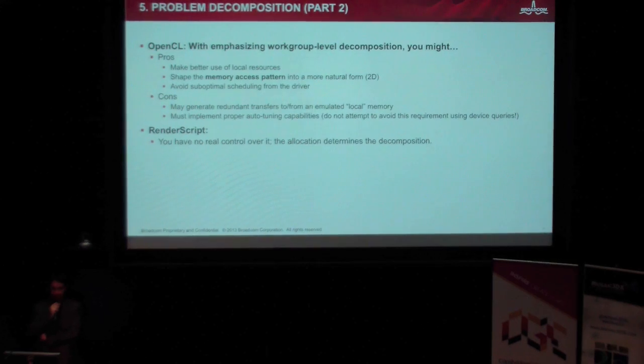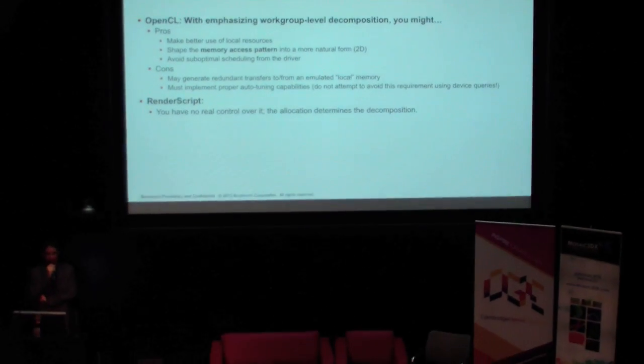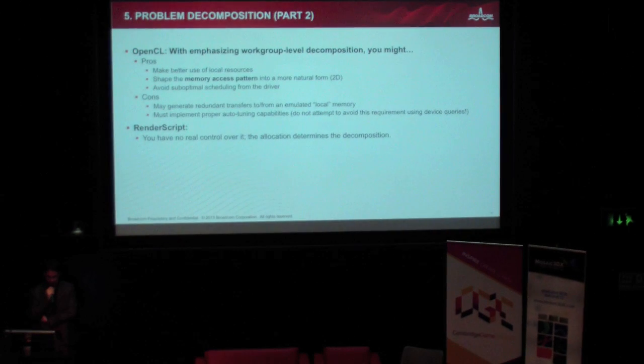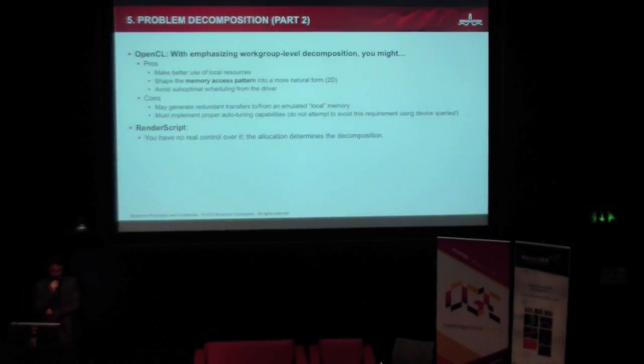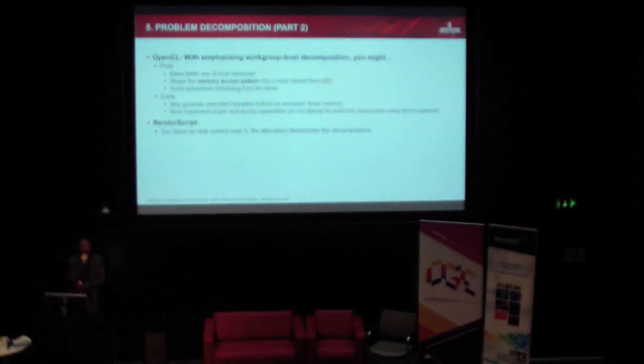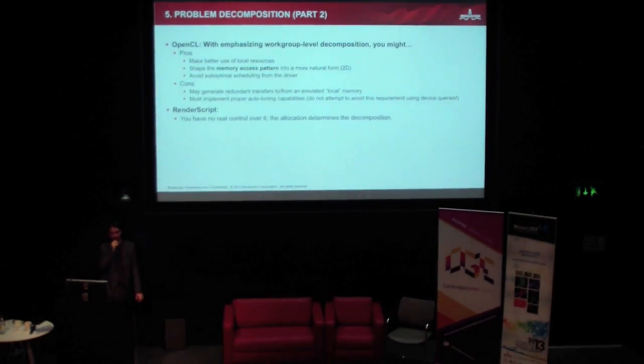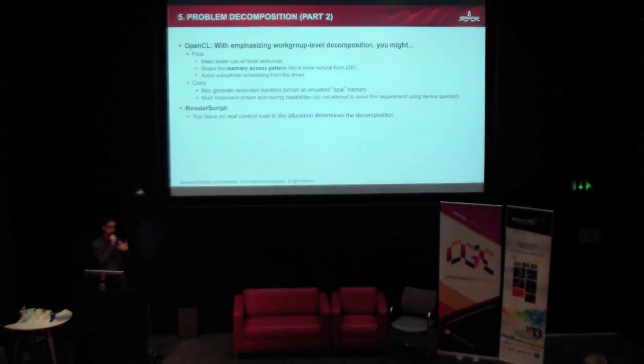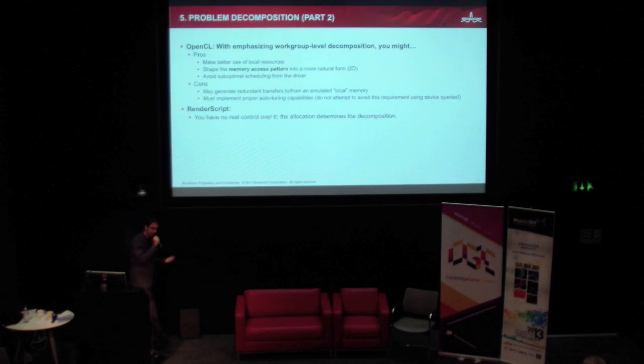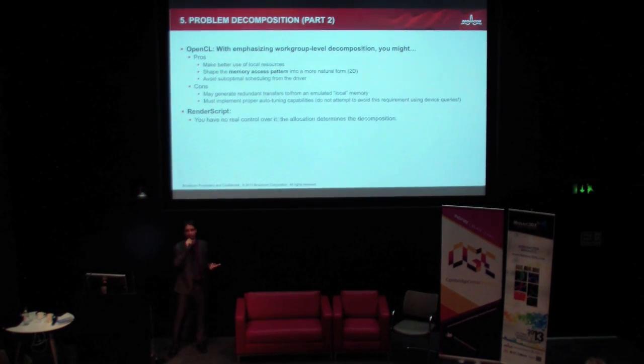For OpenCL, you have another optional thing: you may emphasize the workgroup level of the decomposition. This way, theoretically, you could make better use of local resources, thus reducing data transfers, which sounds good.